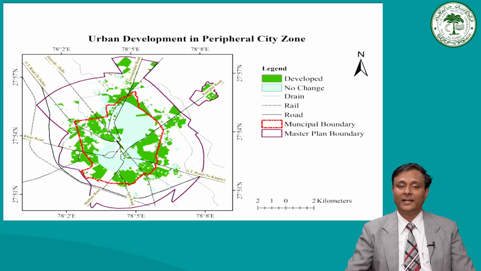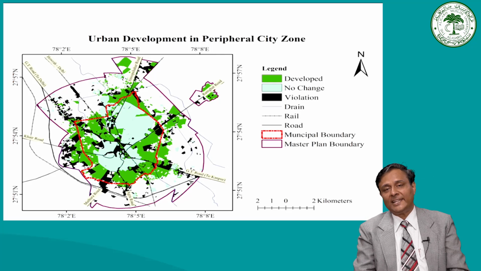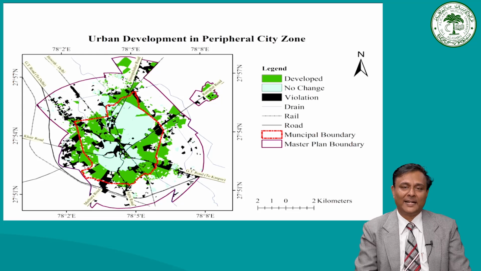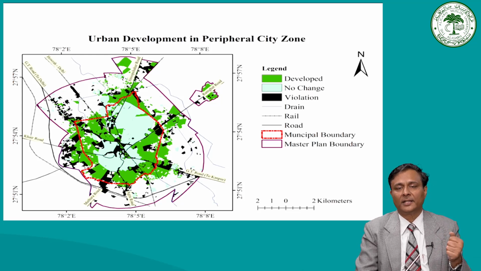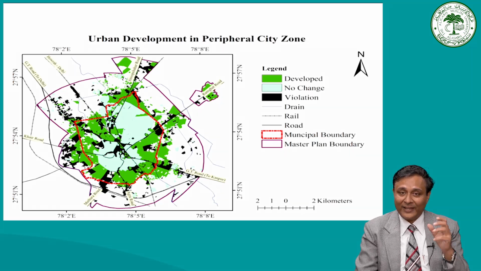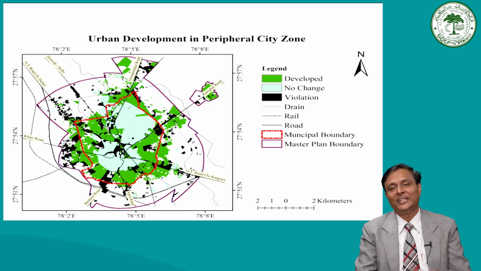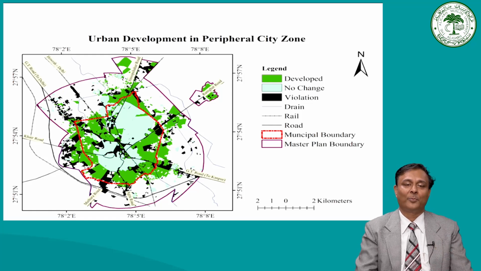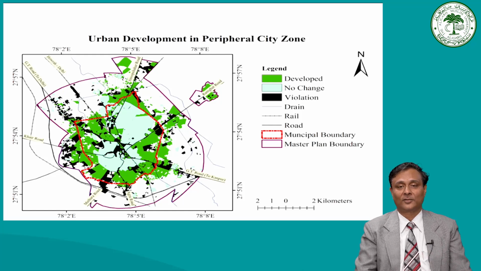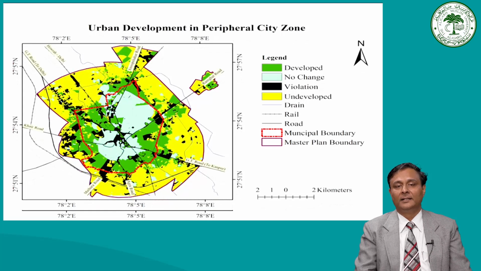Now, moving ahead. This is violation. That means whatever has been proposed in the master plan, on the ground there is some other land use class. That means there is some kind of violation. Now the exact location of violation we can identify and represent, and how much violation is happening is also possible now. Moving ahead.